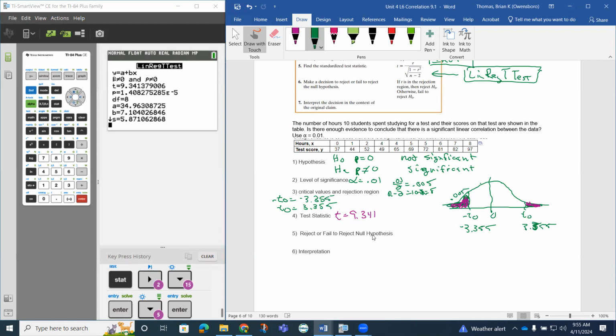Notice that based on that, 9.341 is going to be out here. So that is going to be in my rejection region. So I am going to reject H0. For rejecting this, we are saying there is a significant linear correlation here.